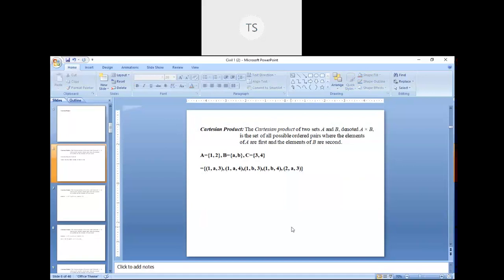Ma'am, can you tell me why it's 9 elements? No, I will not tell you now. You just verify it. I will give you that logic in the next class. You write all the elements because I have almost written them.